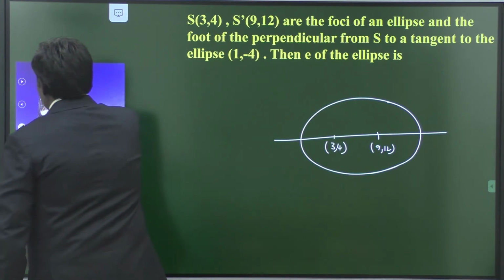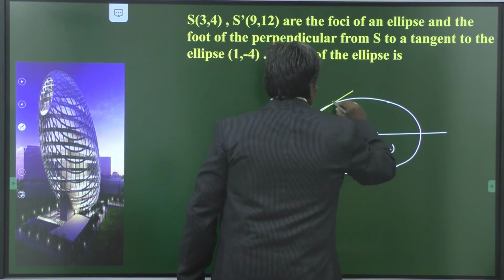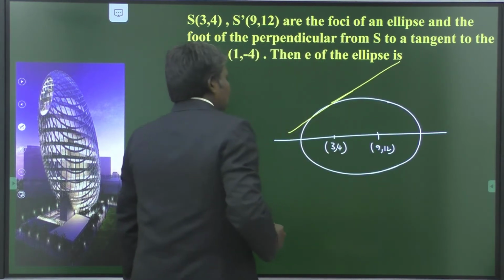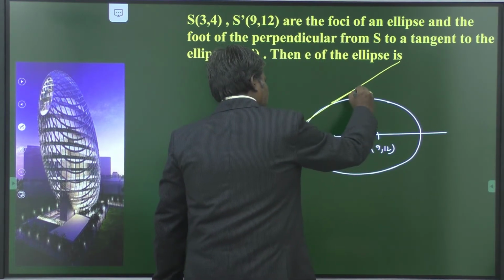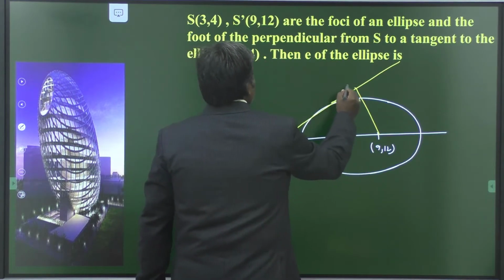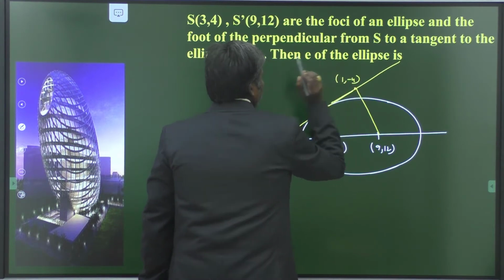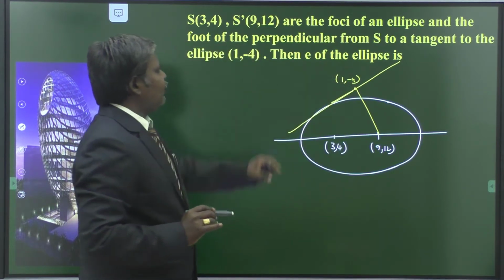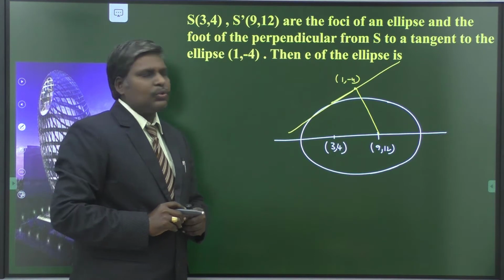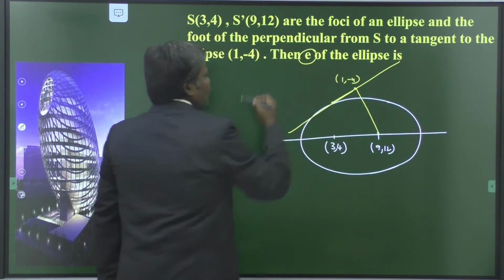That is, you take a tangent to the ellipse. Now draw the foot of perpendicular from this focus to the tangent. That is given to you. It is (1, -4). Now, with the help of this information, you have to find the eccentricity of the ellipse.